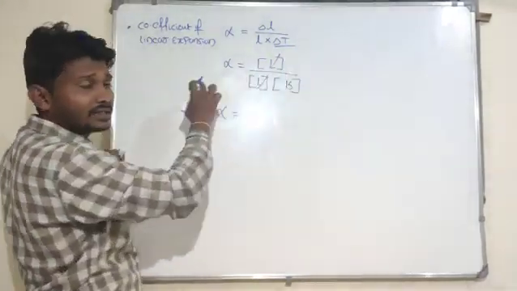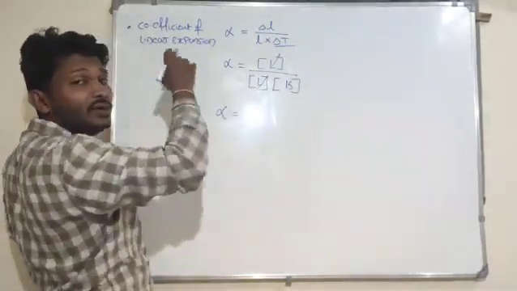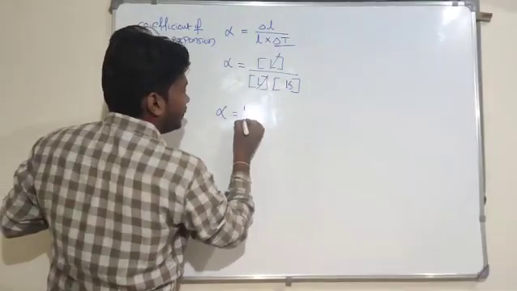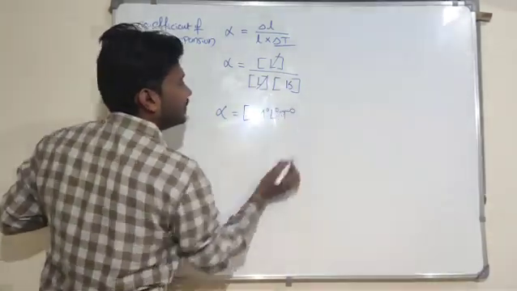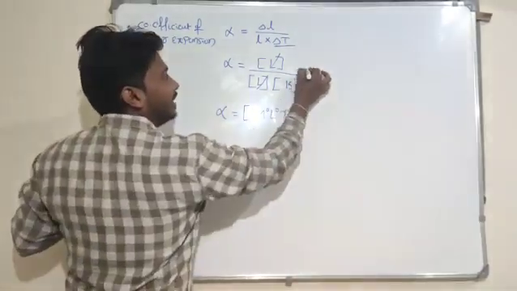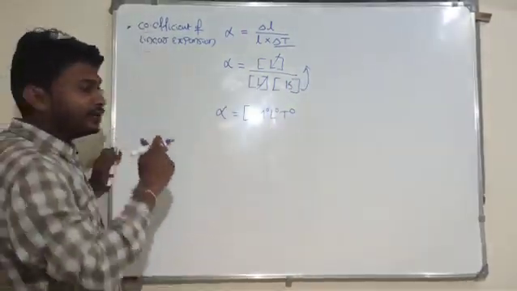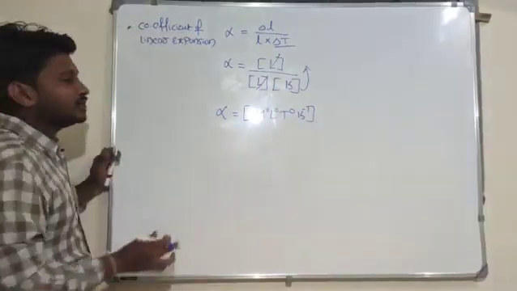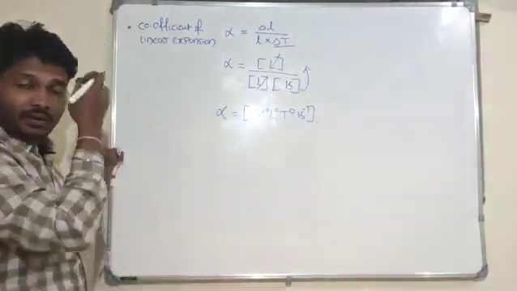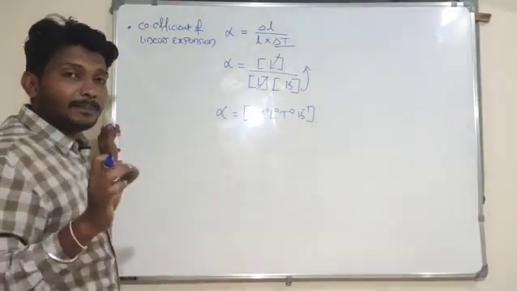There is no mass term, no length term, no time term here. So M0 L0 T0. In the denominator K is there, I will take it into the numerator, so K to the power of -1. This is the way to write the dimensional formula if there exists any temperature term.